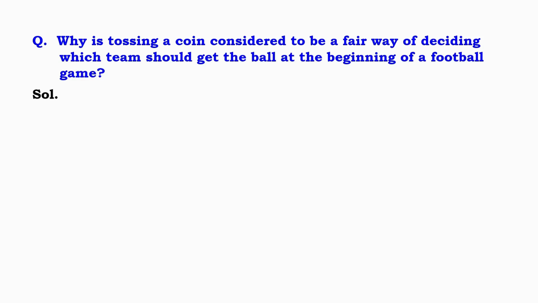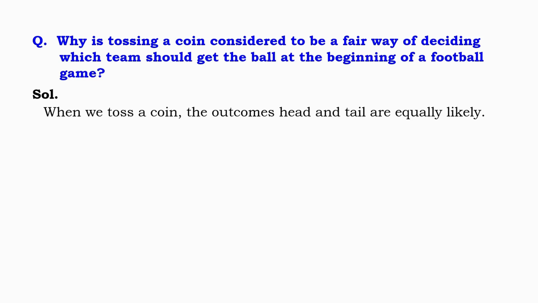Okay, so this is a very good question. Why should we always consider that tossing a coin is a fair way? This will give you a fair chance of deciding who will start the beginning of the football game. It is also used in cricket matches.